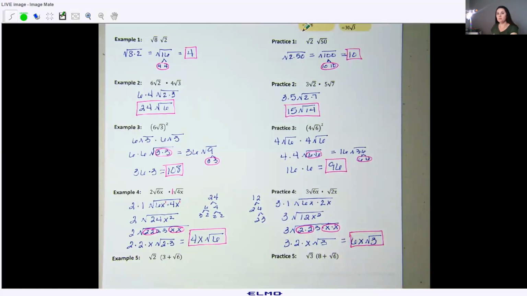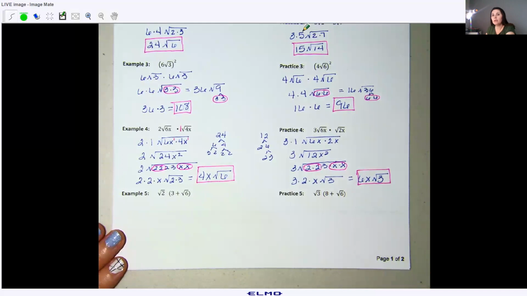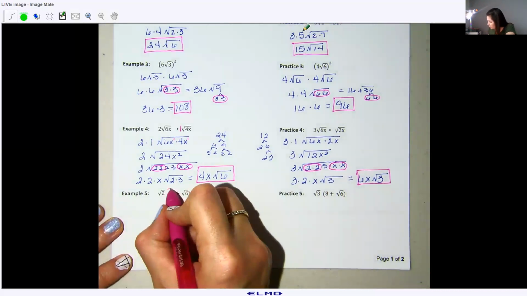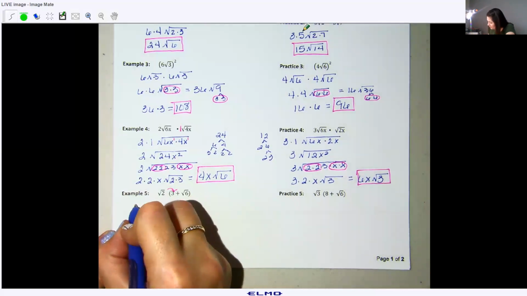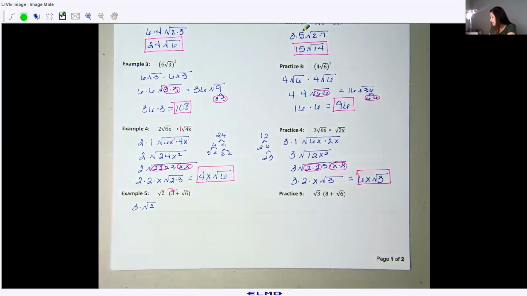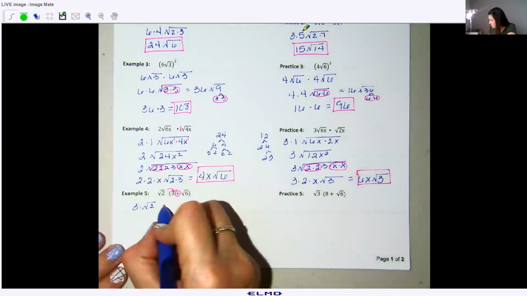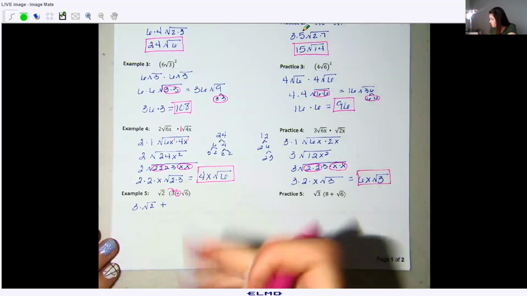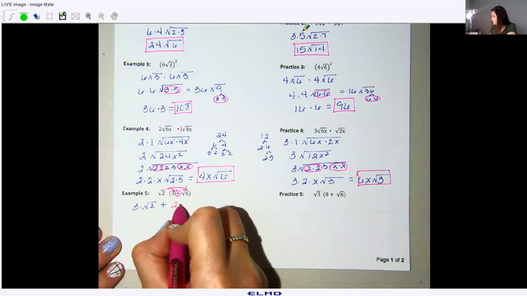All right, examples 5 and practice 5. Okay, so now we are dealing with distributing. So when you distribute, you're just taking your square root of 2 and you're multiplying it by 3. So 3 times your square root of 2. Then in this case, you're adding your square root of 2 times square root of 6.